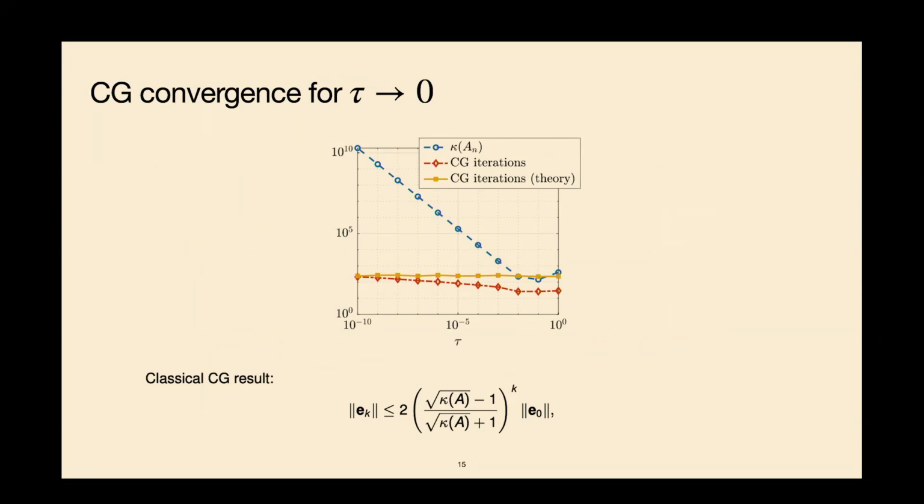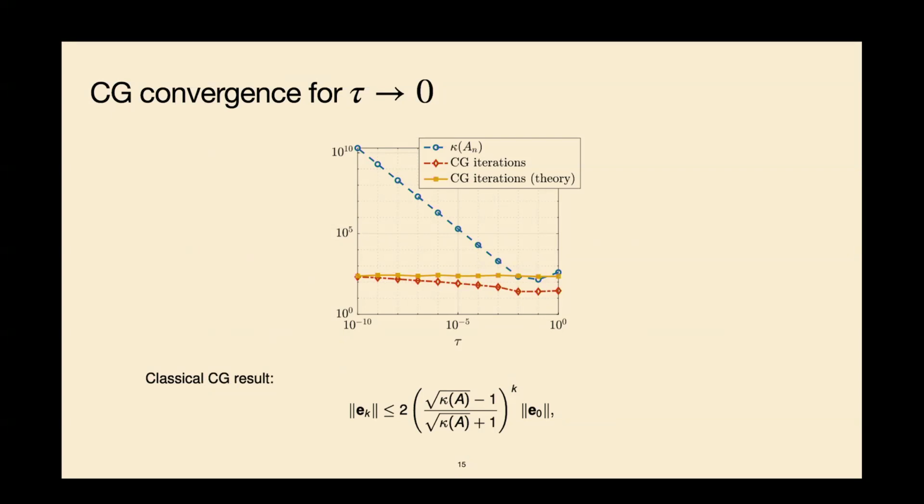And this is interesting because classically you would expect this kind of bound, so your error depending on the condition number of the matrix for the CG, so in this case the number of CG iterations you're doing. But this somehow contradicts this bound, not really, because this is an upper bound, so it's not contradicting, but it's a bit counterintuitive.